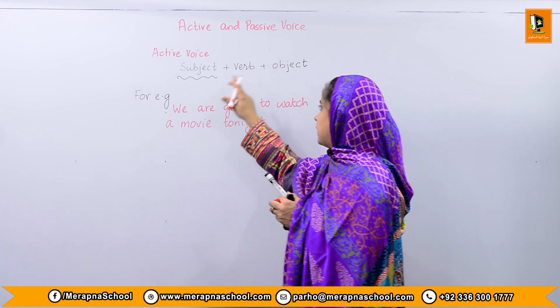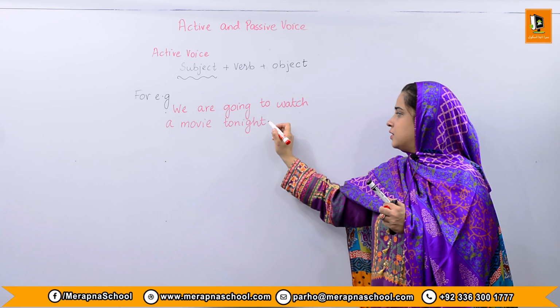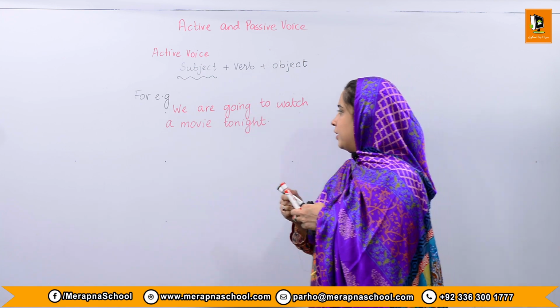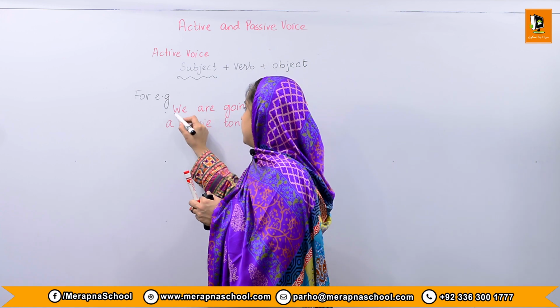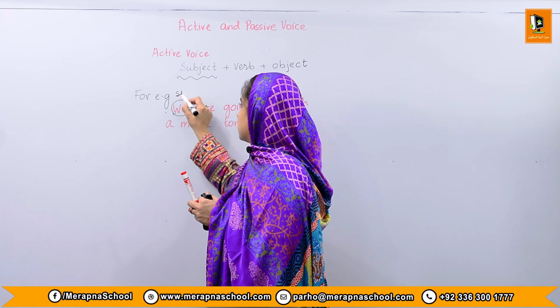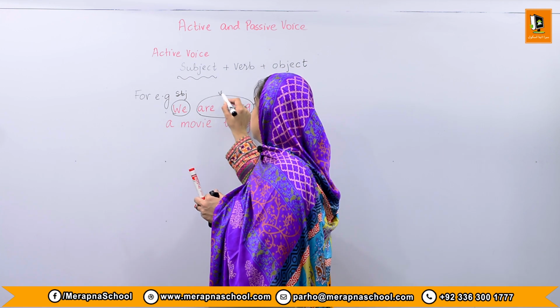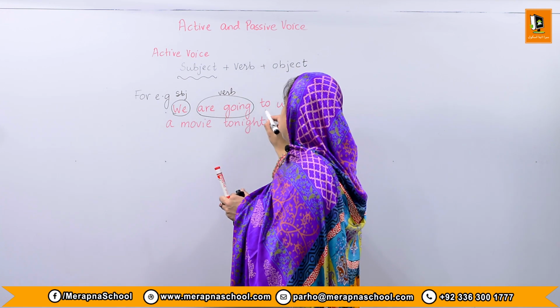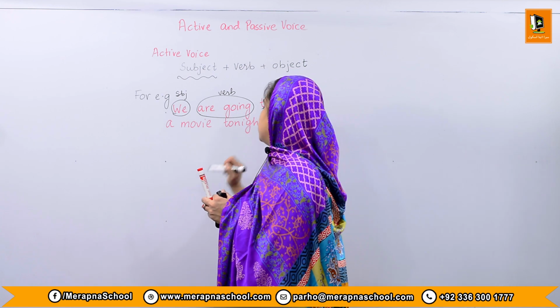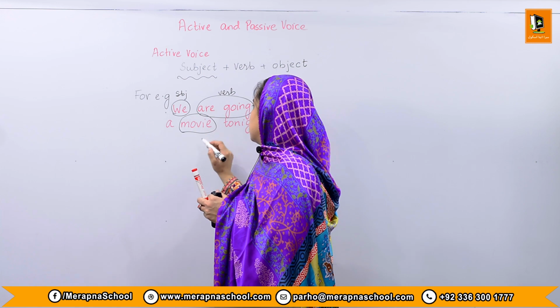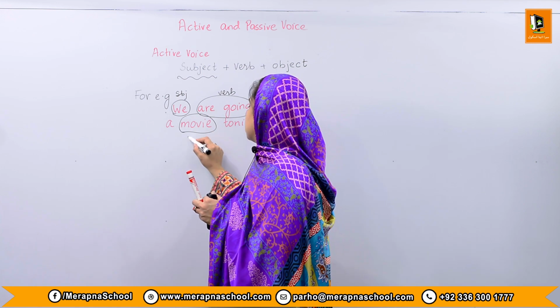Now let's break down this sentence in its active structure. We is the subject. Are going is the verb. And then comes to watch a movie tonight. So your object is movie.